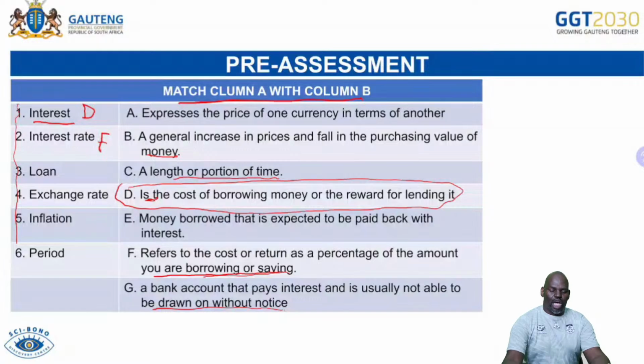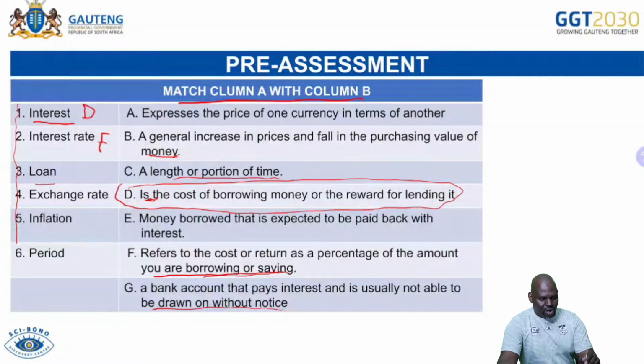Remember, these explanations or terminologies might not be exactly the same as the ones that your teachers taught you, but you see that they look more or less the same. Right, so interest rate is F, which is the cost or return as a percentage of the amount you are borrowing or saving. The next one is loan.